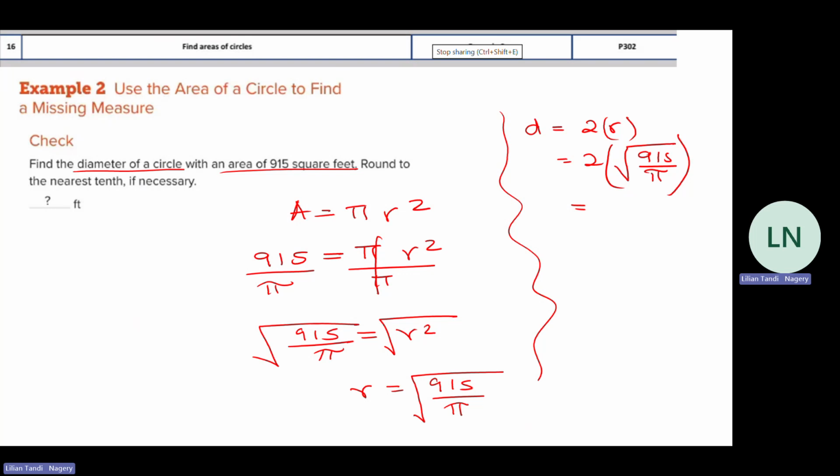And you should get 34.1323. You circle the 1, you underline, and you get 34.1 feet. And you box your answer, because the question told you to round to the nearest tenth. Okay?